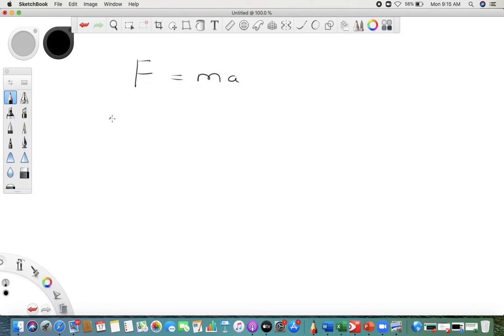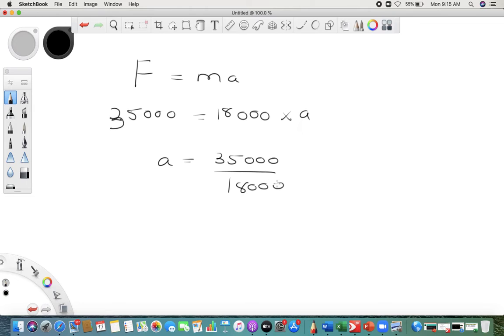The net accelerating force we get is 35,000. This is 18,000 kg. So when you divide, 35,000 upon 18,000 gives you 1.944 meter per second square.